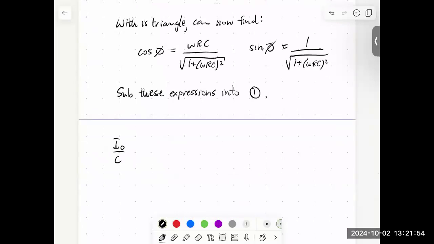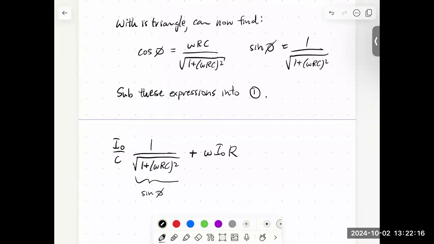And for sine of phi, we put 1 over the square root of 1 plus omega RC squared. This is sine phi. And then I think it was plus omega I naught R, if I'm not mistaken, times cos phi.